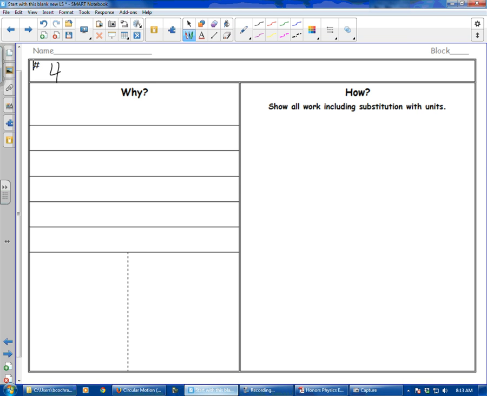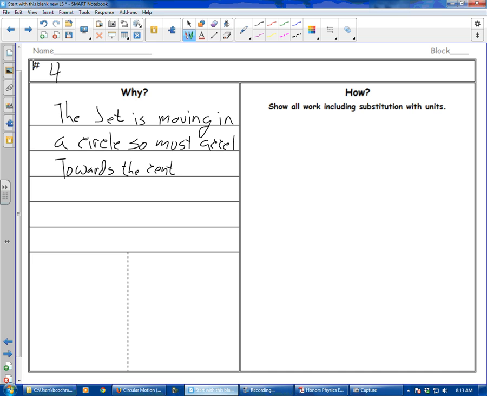So here, the jet is moving in a circle, so it must accelerate towards the center. And that's called centripetal.